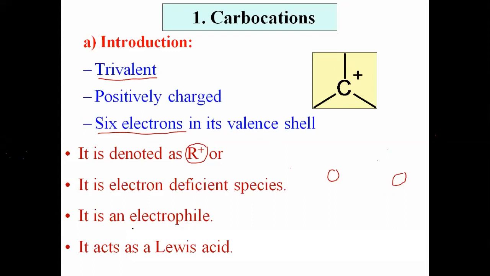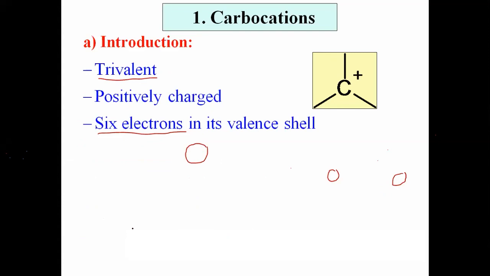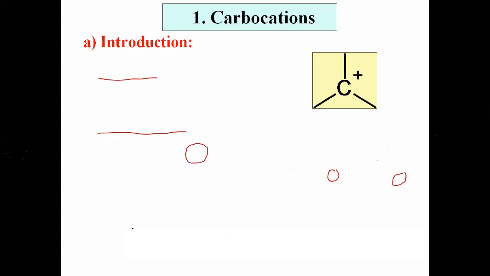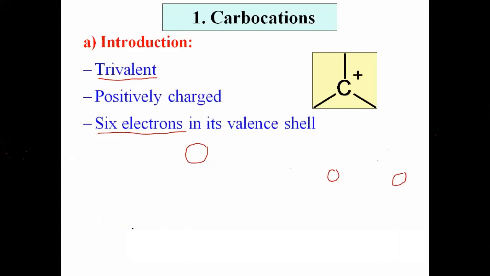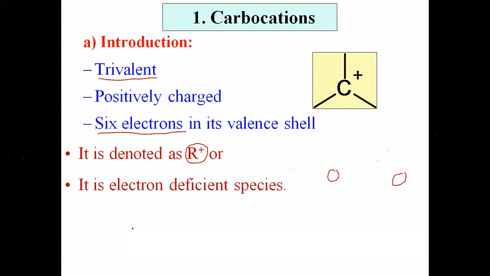This is just the introduction of carbocation. We have studied the definition and some properties of carbocation. In the definition, we said it is a trivalent positively charged carbon species which has 6 electrons in its valence shell. In properties, it is denoted as R plus or C plus. It is an electron deficient species.